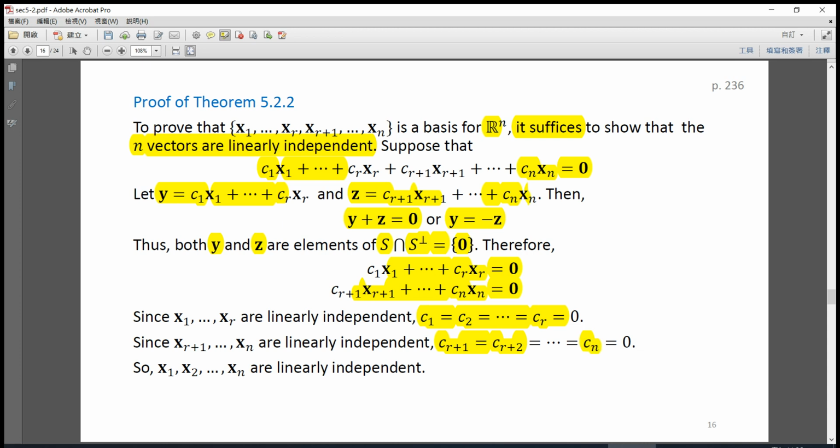And therefore, the only solution to the first equation is c1, c2 up to cn all equal 0. And therefore, x1, x2 up to xn are linearly independent. So x1, x2 up to xn is a basis for Rn, and the proof is finished.